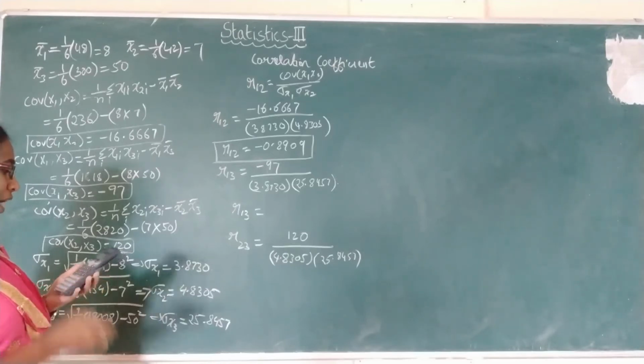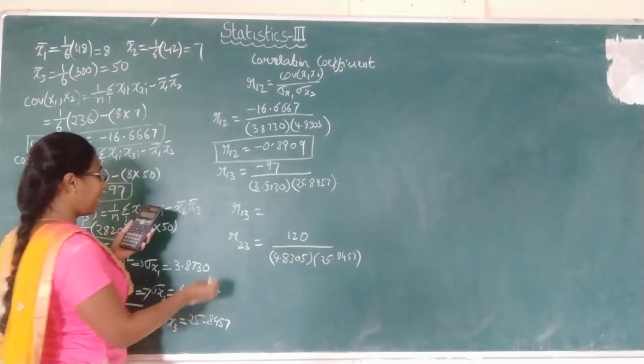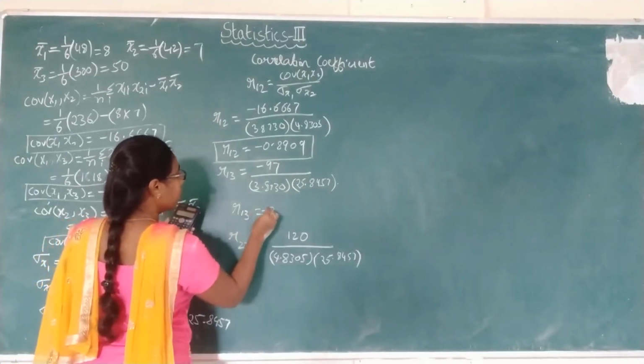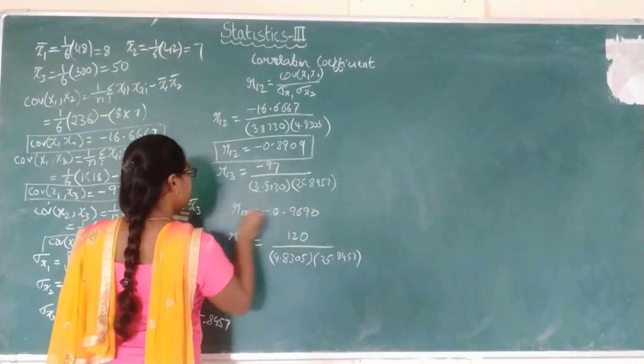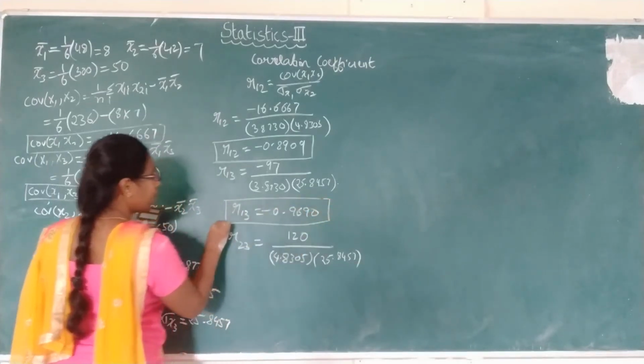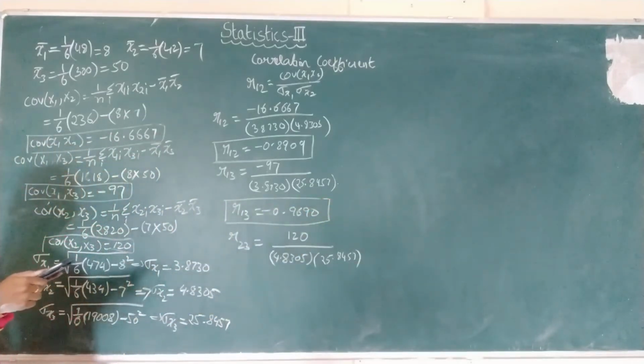So the answer is minus 0.9690. This is the R13 value. Similarly, find out the R23 value also, that is 120 divided by 4.8305 into 25.8457.